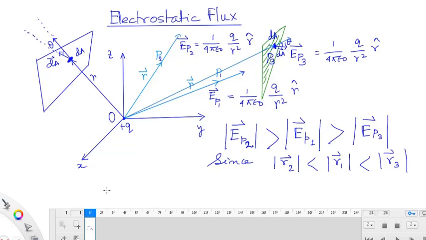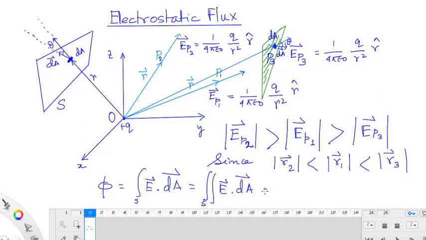Now if we need to find the flux through this area S, the flux phi is the surface integral of E dot dA for the whole surface. Remember, this is definitely a double integral because it is a surface integral, so make it a double integral for the whole surface, E dot dA, and this will be the double integral of E dA cos theta on the surface.